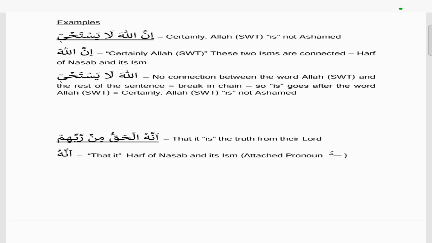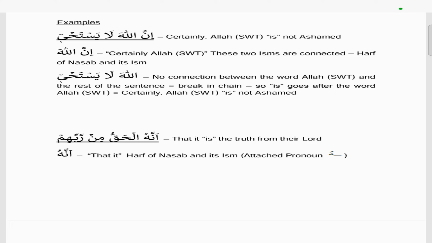So you don't put an "is" in between. Then you have the next part, Allah la yasta'i. There's no connection between the word Allah and the rest of the sentence, so there's a break in the chain. So the "is" goes after the word Allah. Therefore the sentence would be: certainly Allah is not ashamed.